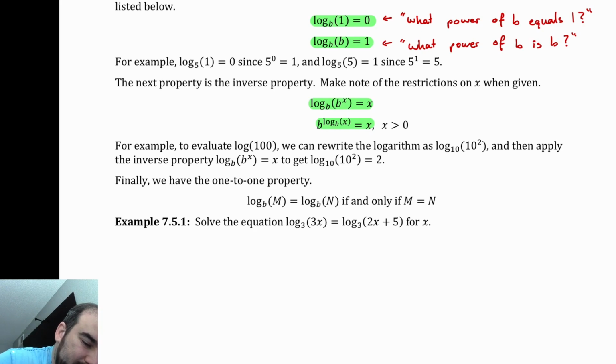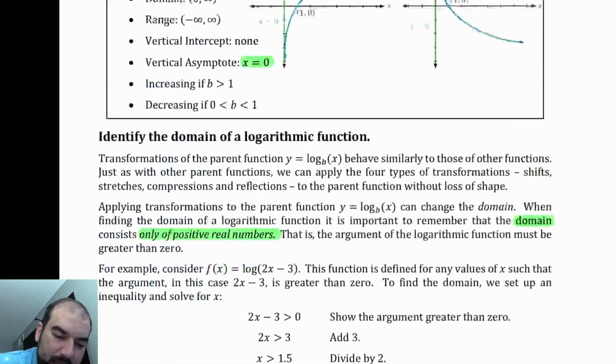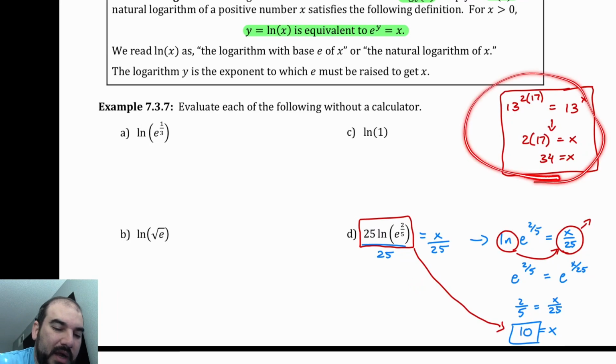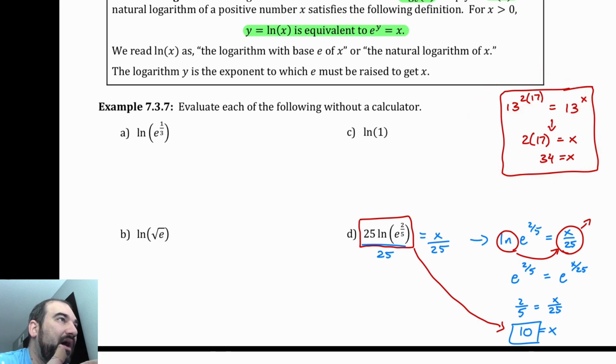Right. And then this is not necessarily a property, but kind of like how I did the example over here on the side where I had 13 to some different powers, and we said if 13 to some power is equal to 13 to another power, then those exponents must be equal to each other, right?